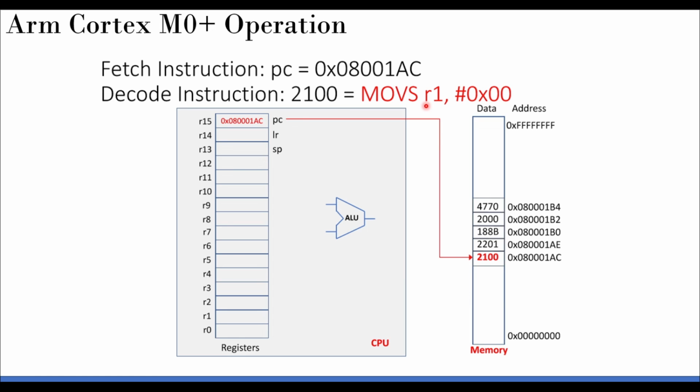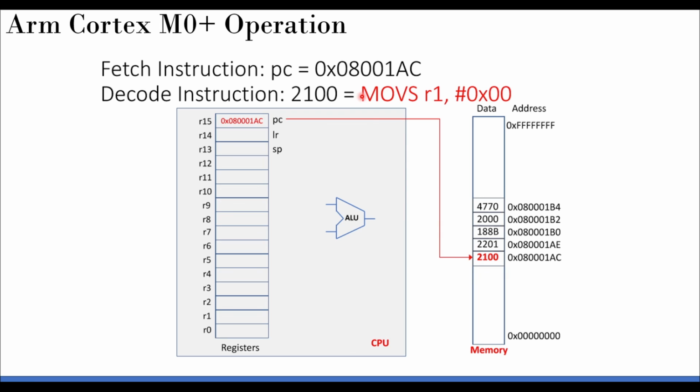We will study that in detail next week, where you study a bunch of instructions, around 56 of them, that the ARM Cortex M0 Plus supports. One of them is this MOVS operation. This means move with the sign bit included. Whatever value you choose is moved to register R1. So this is the literal meaning.